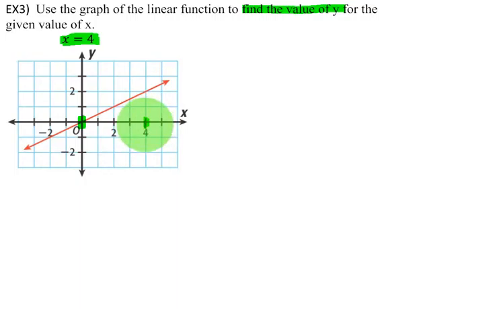And now I want to look up above this 4 and find out where the line lands.